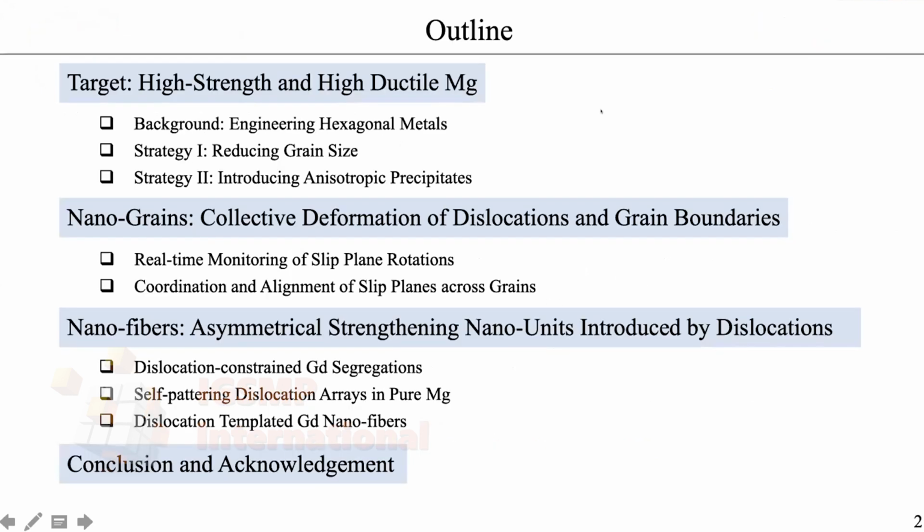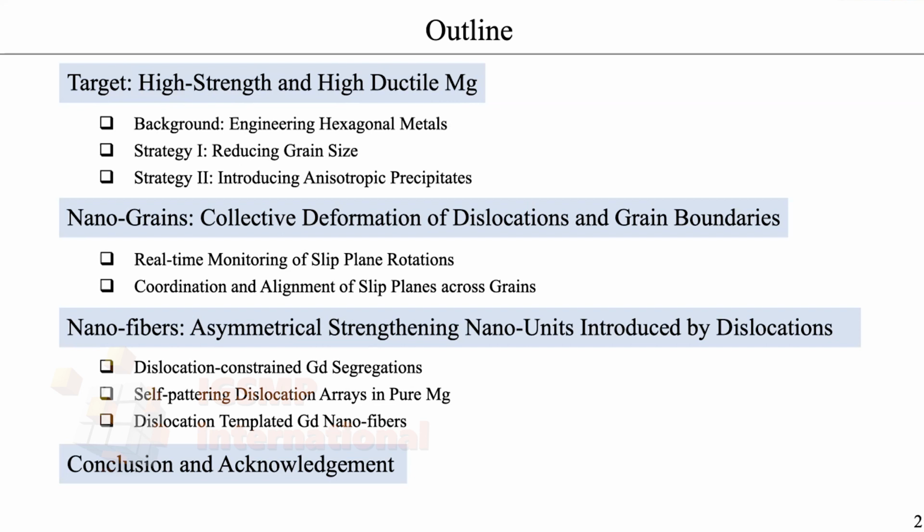Right. So my presentation will have the following content. First, I'm going to talk a little more about the problem, give you some background, what has been done and what's going on. Then I will discuss the results from my group in two scenarios. The first is about nanoscale grains, and how we can model grain deformations in situ.